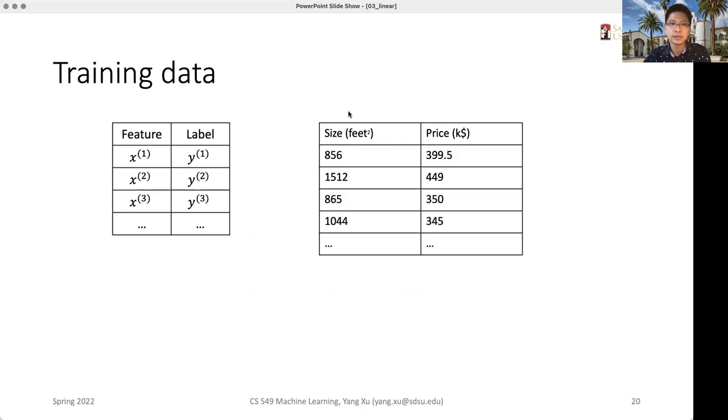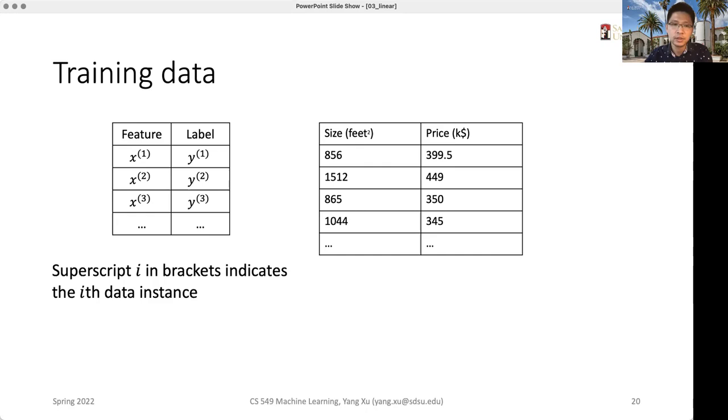Next, let's give some formal mathematical notations. Let's use x to indicate the feature. In this case, the feature is just one number. It is not a vector yet, just for simple demonstration here. And our label is y.